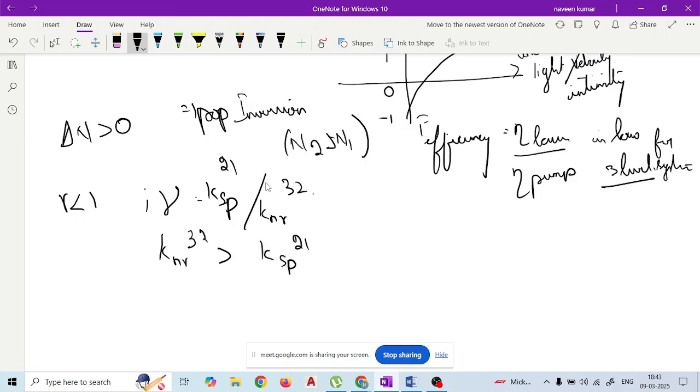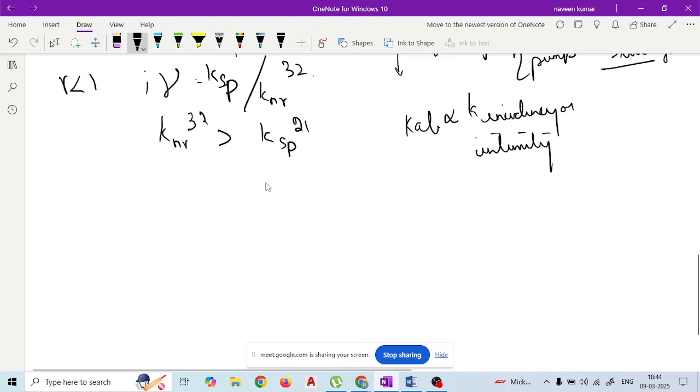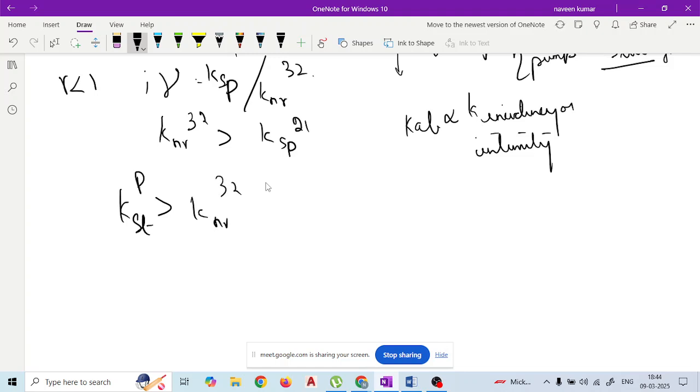Normally, if you consider this graph, the K absorption is directly proportional to the K incidence, or intensity. The intensity of light plays a role in it. So this is how things will apply. As I already mentioned, K_NR32 is greater than or equal to K_SP31.